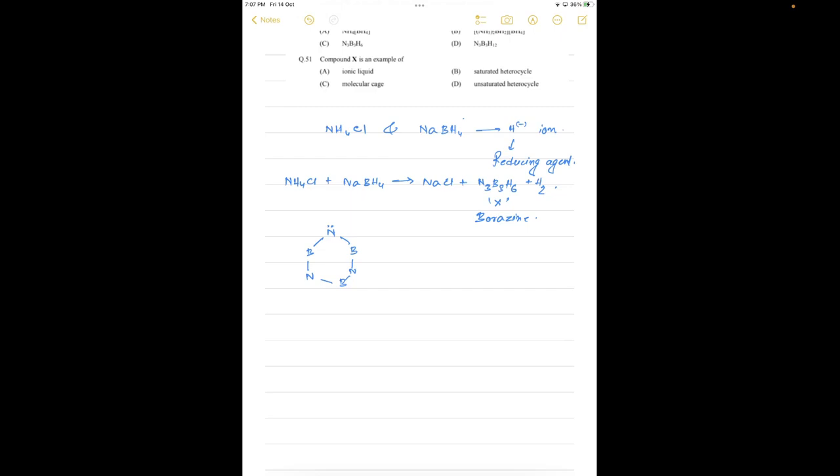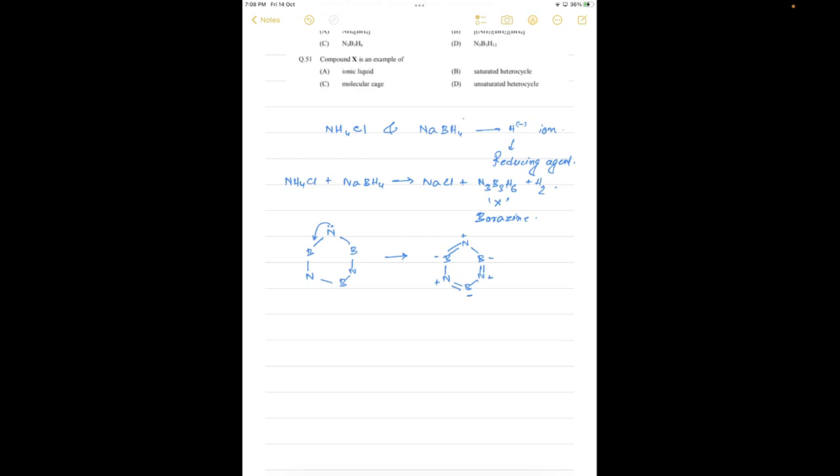So the nitrogen lone pair can donate its electron to the empty orbital of the boron. If you write down the alternative resonance structure, it will look like this: nitrogen, boron, nitrogen, boron. So it will be a double bond, and nitrogen will be plus because it is donating its electron, and the boron atom will gain a minus charge. Similarly here also and here also.